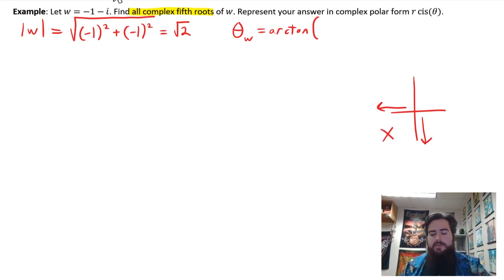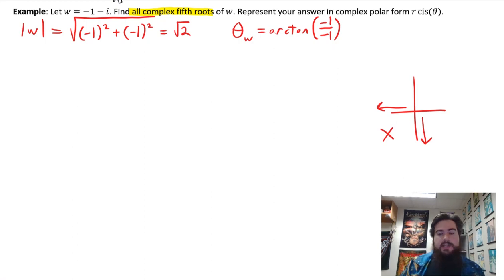This angle measure should be down in quadrant 3. If I just work with arctangent of the imaginary value over the real value, this would actually result in an angle measure in quadrant 1, as -1 divided by -1 is +1.